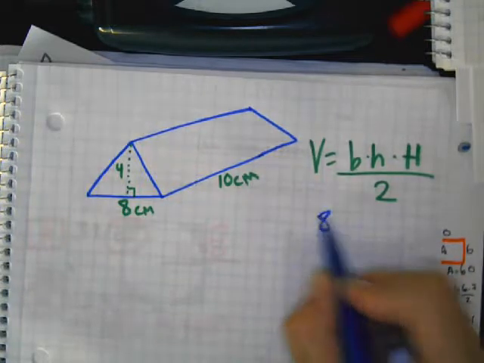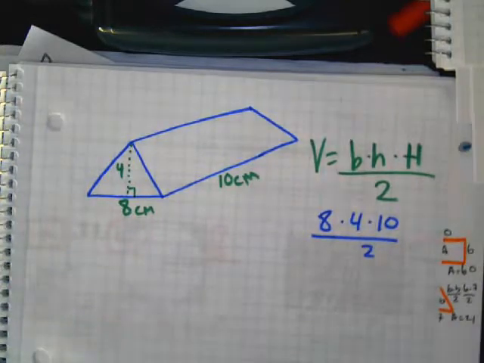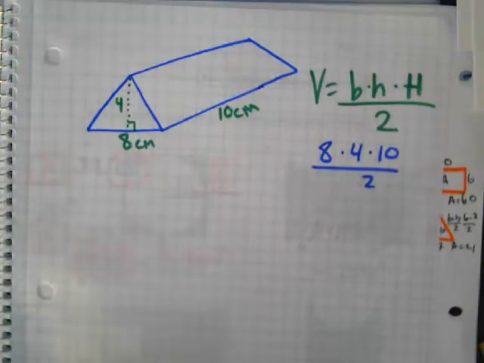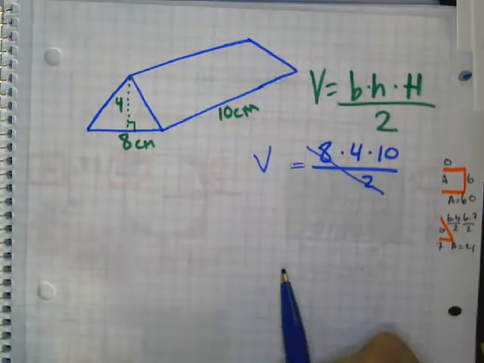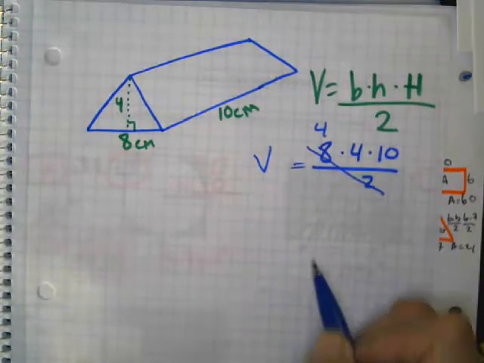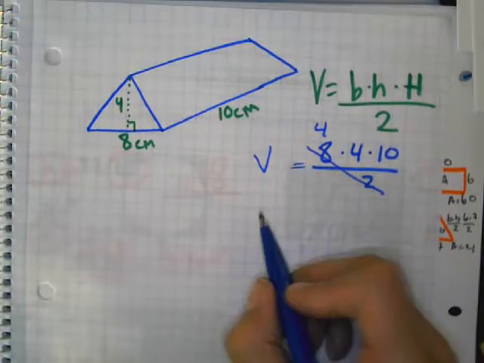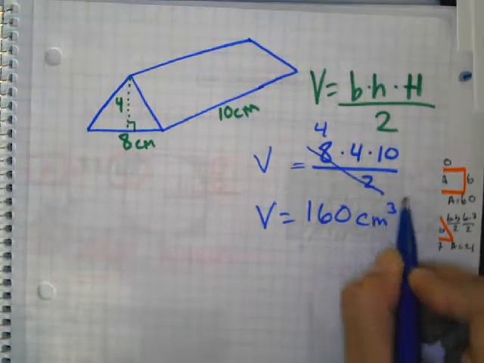So, 8 times 4 times 10, all divided by 2. I would, it's going to look kind of weird. I would take this. What's 8 divided by 2? What's 4 times 4? Times 10?